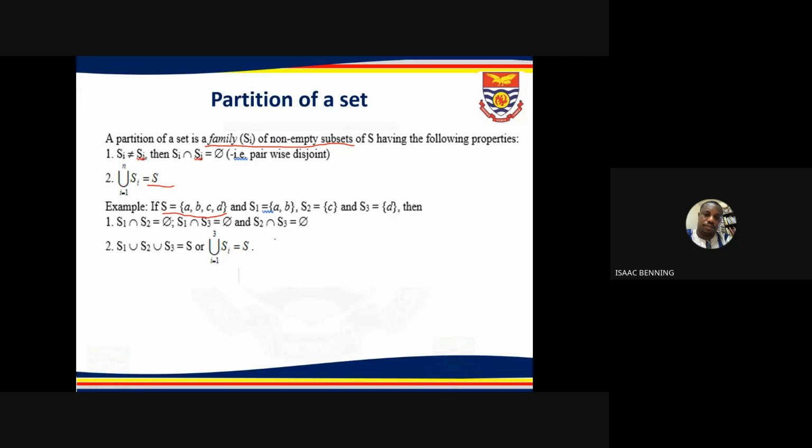One of the subsets, subset 1, can be AB. Then we can have a second subset to be C, and a third subset will be D. Now the reason is this: we should be able to list the subsets so that none of them will have an intersection.